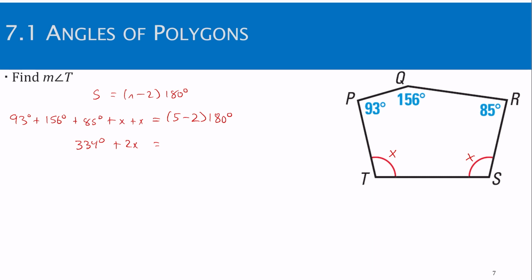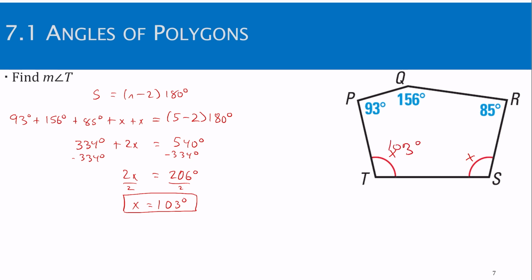And then on the other side, 5 minus 2 is 3, times 180 is 540. Subtract the 334. You get 206. Divide by 2, you get 103. So the measure of angle T and the measure of angle S are both 103 degrees.